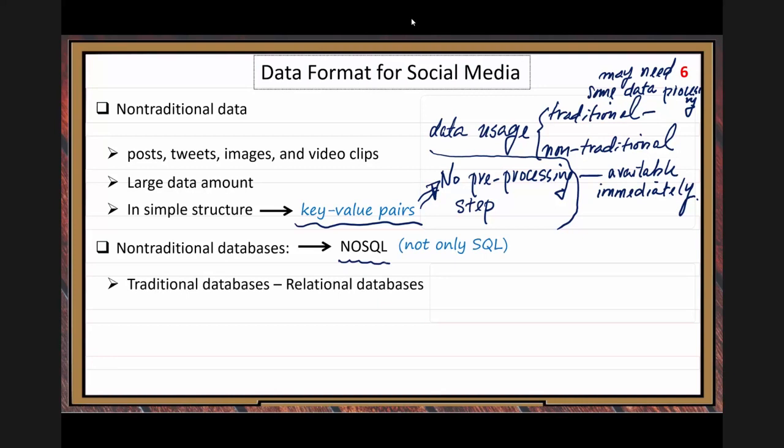Traditional databases are relational databases. You have a large number of tables, and when you need to explore the relationships among those tables, you need a lot of data processing and complicated query work. That takes time. If your query is very complicated, the processing time could be quite long.